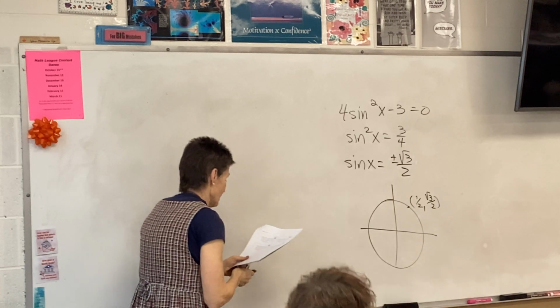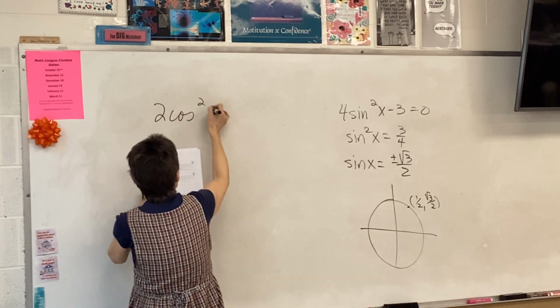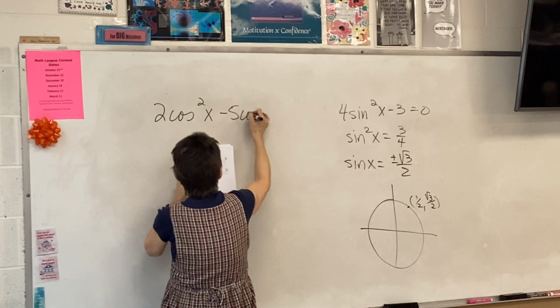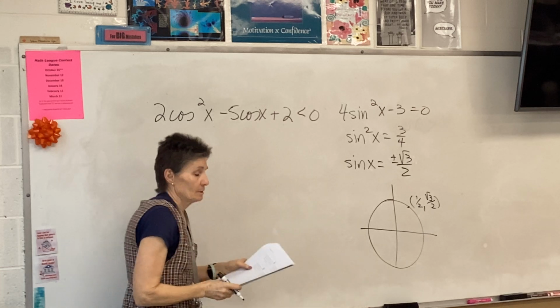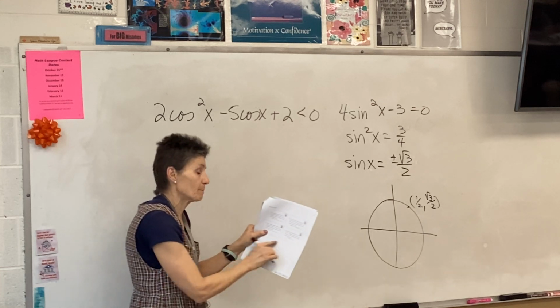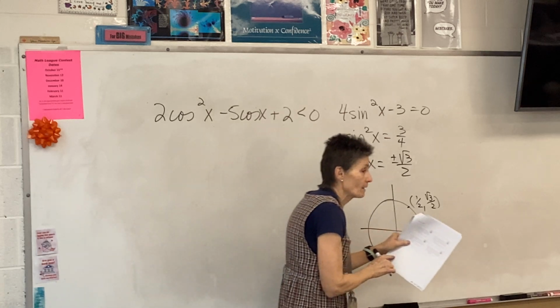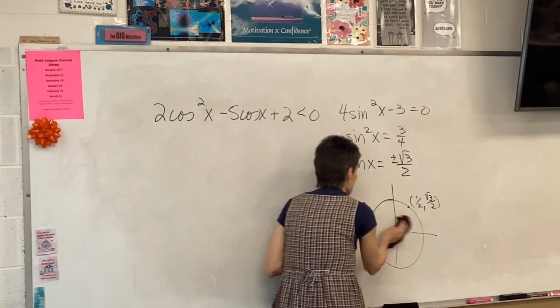Okay? So here we go, problem C. We are going to change it into less than 0. And I picked that problem because you have plenty of room to work there, because we know these take plenty of space. So we're going to solve this inequality.